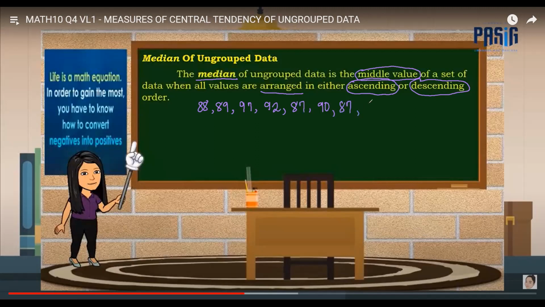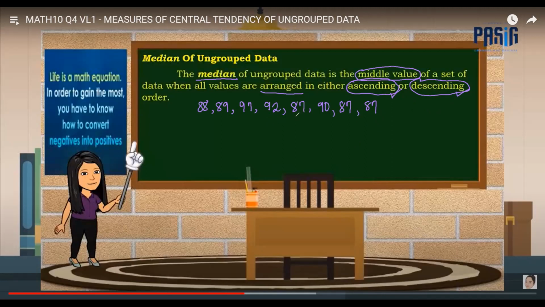Tapos dalawang 87 dito. Tama ba ako ng pagkakaalala? 1, 2, 3, 4, 5, 6, 7, 8. Okay. So, yan yung naalala ko. Now, ang gagawin natin is we will get the median, but of course, we have to first arrange the data. Okay, pwedeng ascending, pwedeng descending. Ako, I prefer ascending.